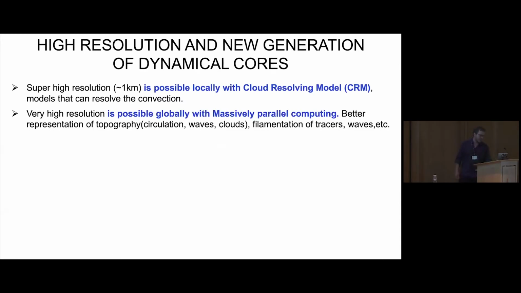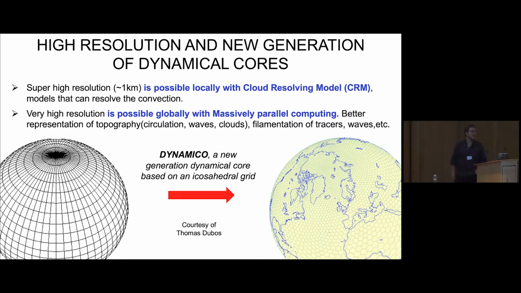If you really have a lot of CPUs available, if you are working on a big supercomputer, then you can also move, and that's what most of the GCMs are doing right now, to super high resolution GCMs. And to do that, you can take advantage of a specific grid, such as the icosahedral grid, that is made to be parallelizable, which allows you to run GCM simulations at super high resolution.